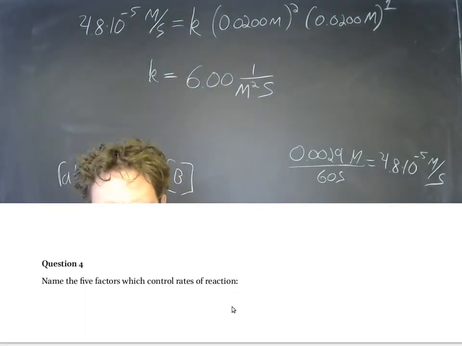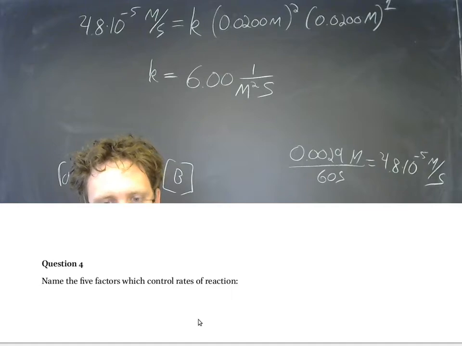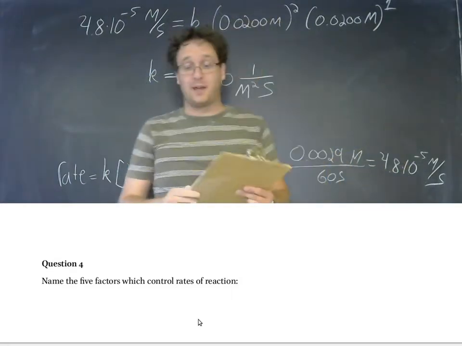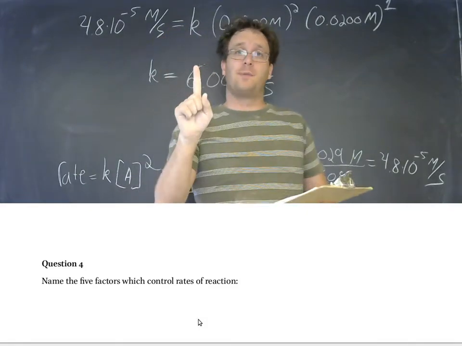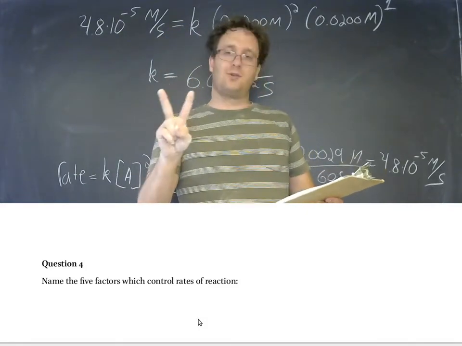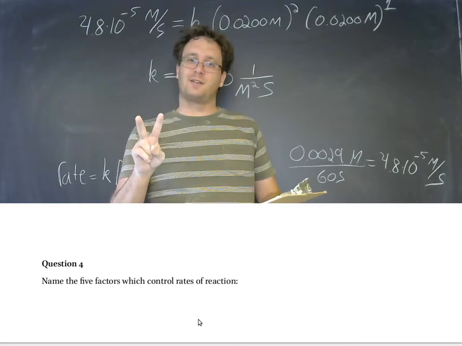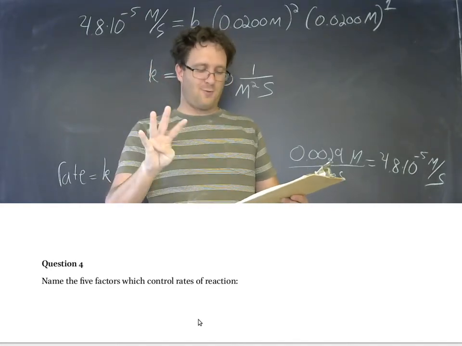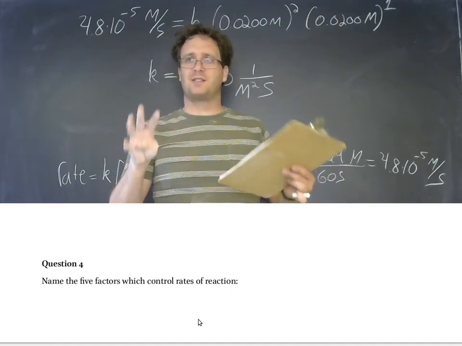Okay, and then the last question, what are the 5 factors which control the rates of reaction? We have 1, the particle size, 2, the concentrations of reactants, 3, the temperature, 4, energetics slash sterics.